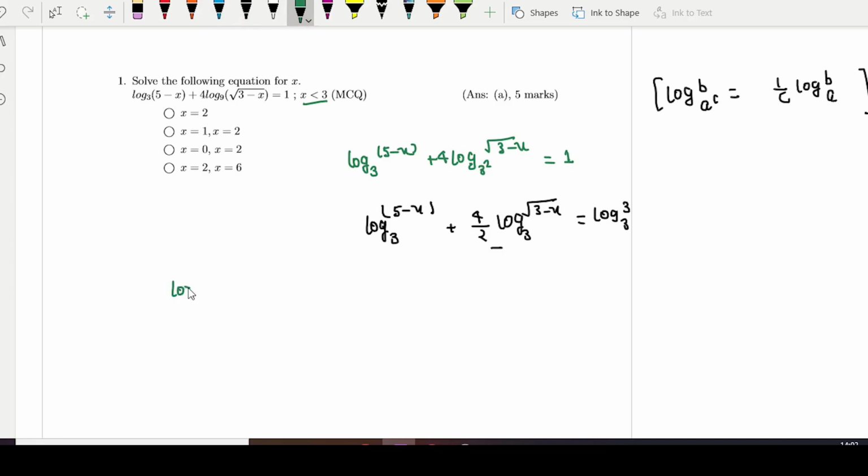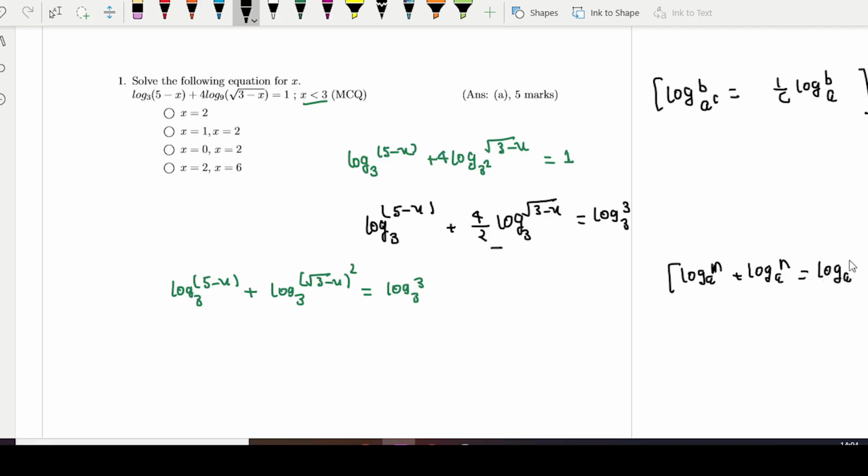So it will become log 3 of (5 minus x) plus log 3 of root (3 minus x) whole square is equal to log 3 of 3. So another property will be log A M plus log A N will give log base A of MN, okay.